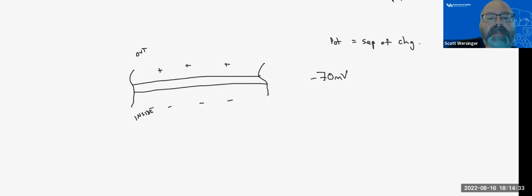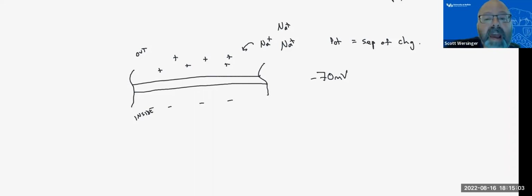What would happen if I added some sodium to the outside? I want you to think for a second. What would happen if I increase the concentration of sodium? In that case, I'm adding more positive charges, so I'm making the outside more positive.